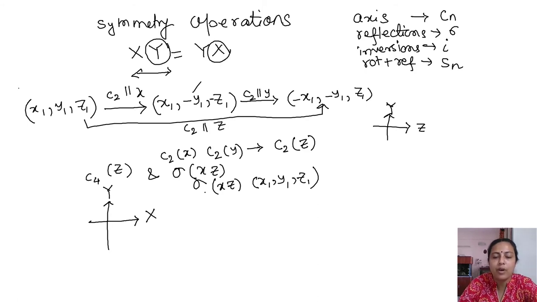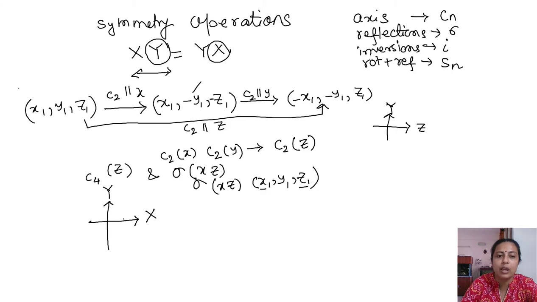Now, if you have a sigma plane along XZ, that would keep the X and the Z coordinates the same and the Y coordinate would be inverted. That means you have a sigma plane which contains X and Z and is perpendicular to the plane of the board.